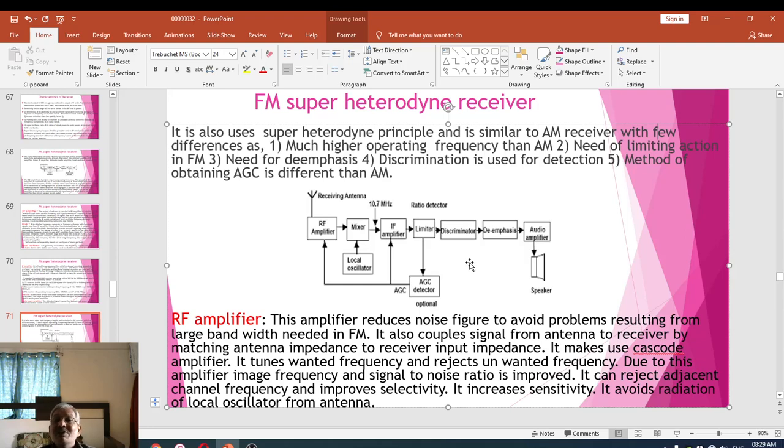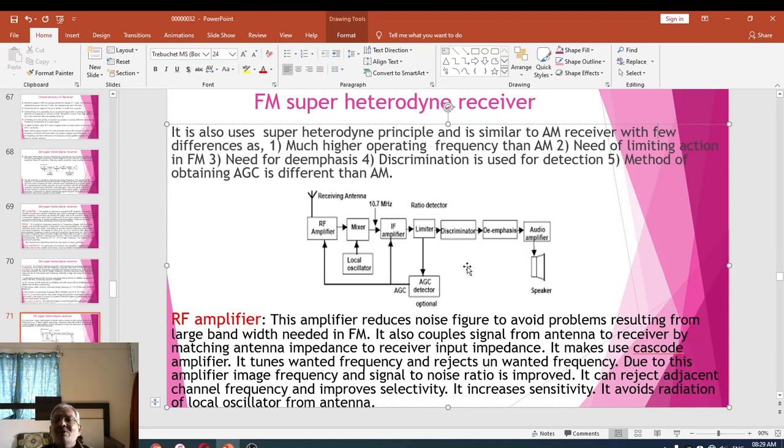It is used to detect the FM modulated wave. It may be a ratio detector or a Foster-Seeley detector. It recovers the original information from the carrier wave of the FM modulated signal.